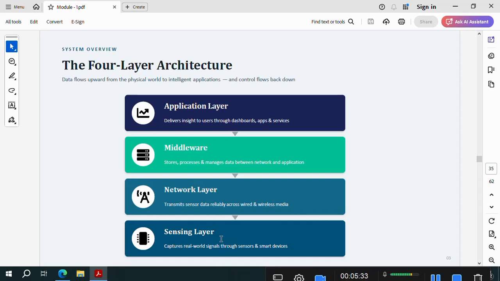The application layer, we all know how it functions because we experience the front end of it. While considering the sensing layer also, we understand what type of hardware is present in the nodes or sensors or around areas.